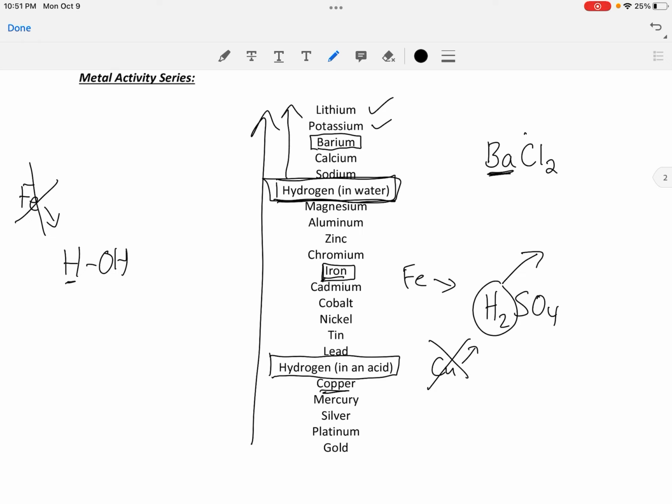So sodium, calcium, barium, potassium, or lithium would all work. If we brought a sodium in, that sodium would be able to bump this H out and bond to the OH in the water. But nobody below this hydrogen in water point would be able to do that. So that's how our activity series works with metals.